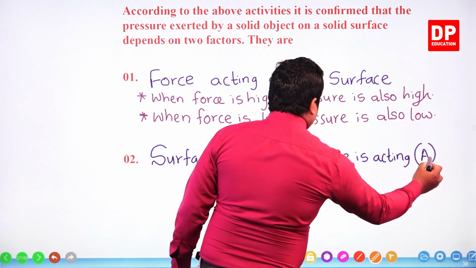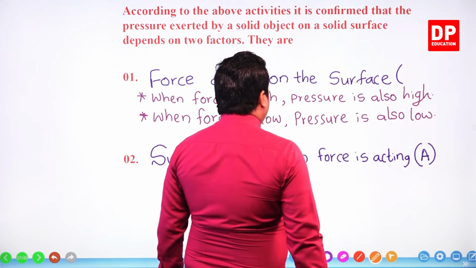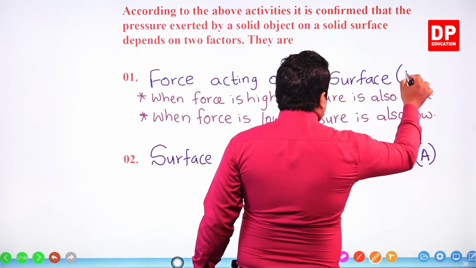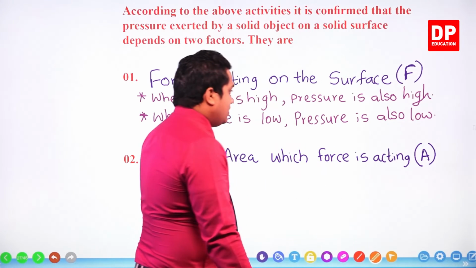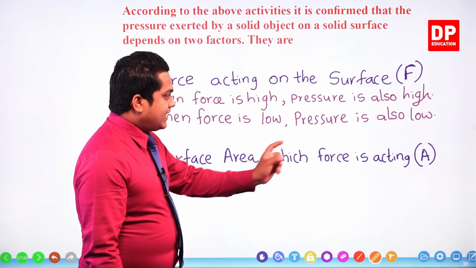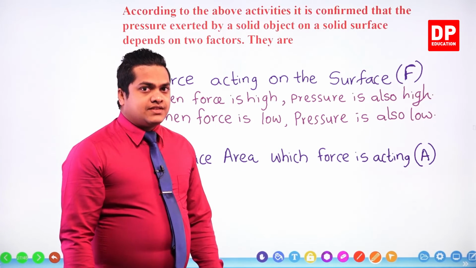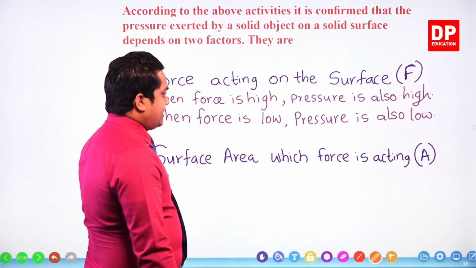You can mention this as capital A, as it is reflecting area, and this as capital F, as it is mentioning the force. So surface area on which force is acting, this is the second factor. Surface area on which force is acting.